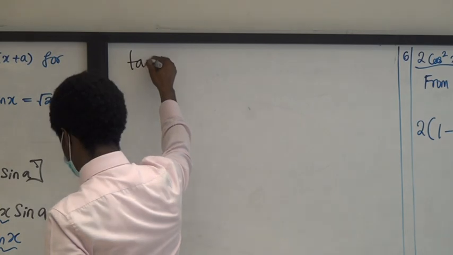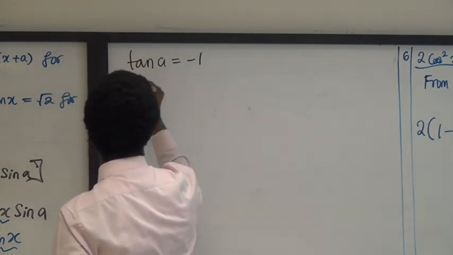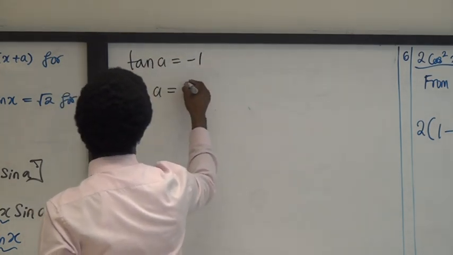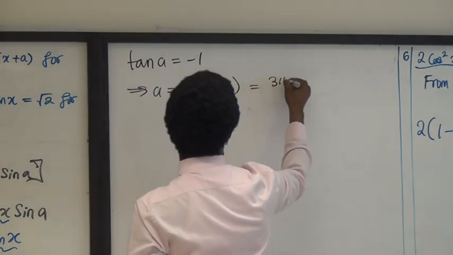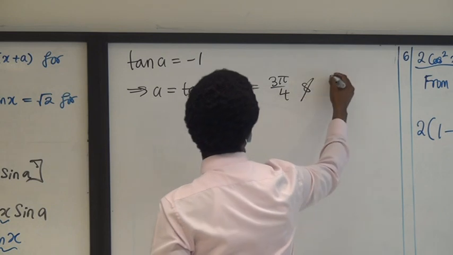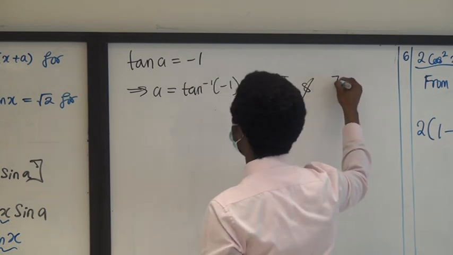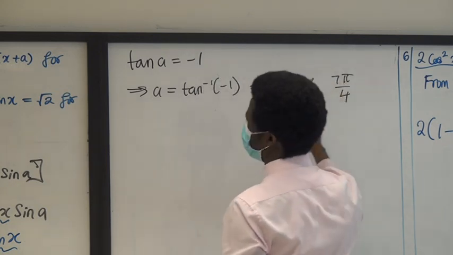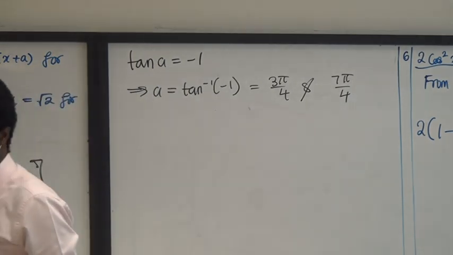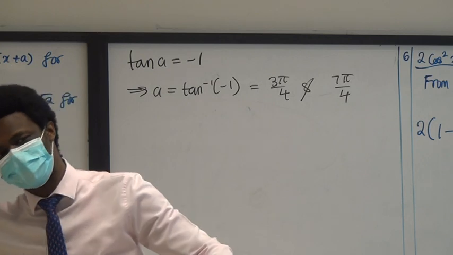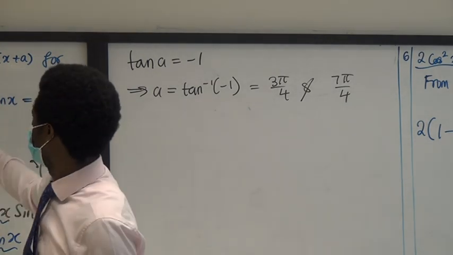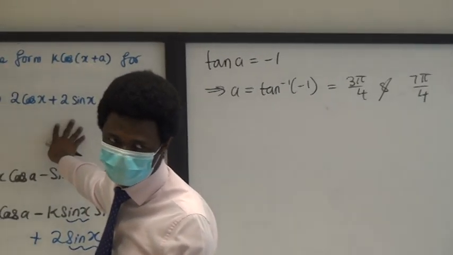So tan A equals -1 implies A equals arctan of -1, which gives 3 pi over 4 and what? Talk to me, please. 7 pi over 4. You see, both of them are within this interval. So that's the problem I have, because now you are having two possibilities, which means you're actually solving this equation in two different forms.